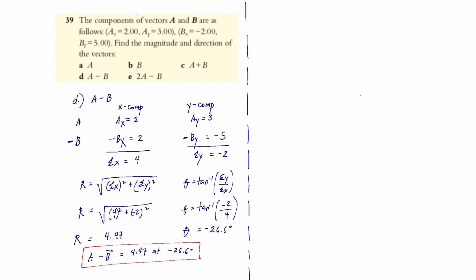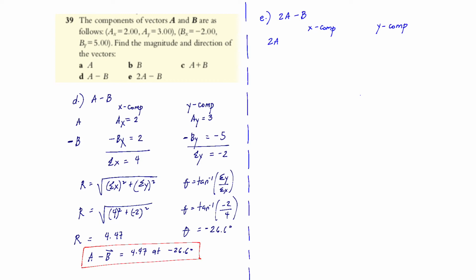Next, we're gonna have letter E, that is 2a minus b. So again, we're gonna write 2a, and then the x component and the y component.